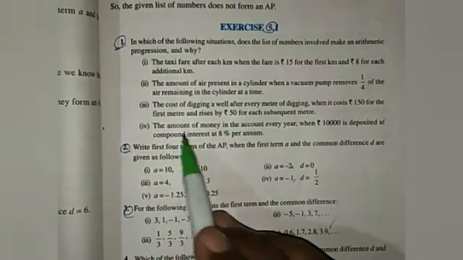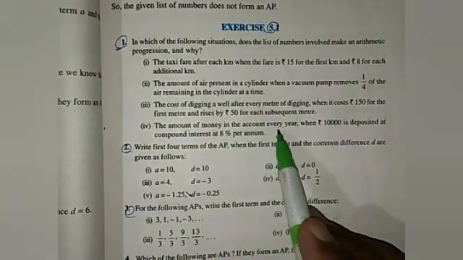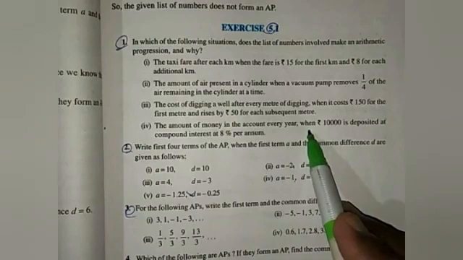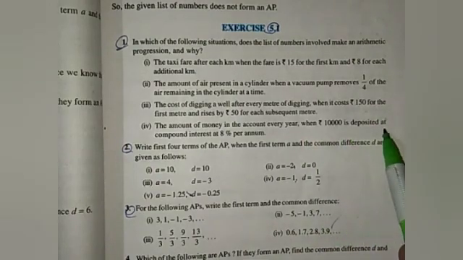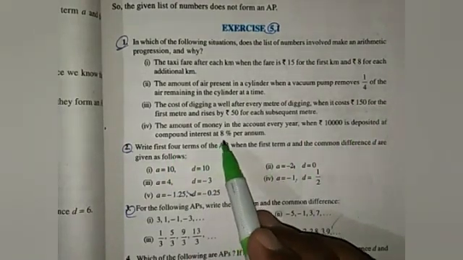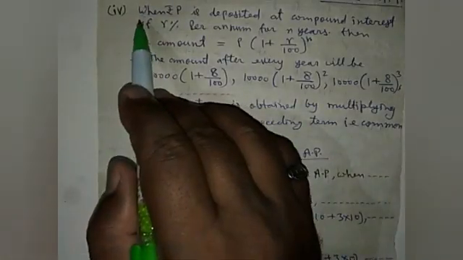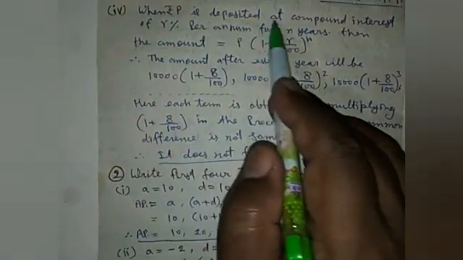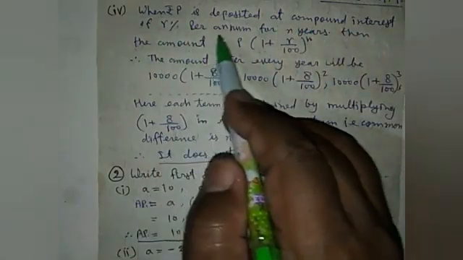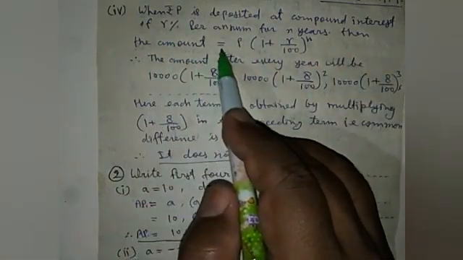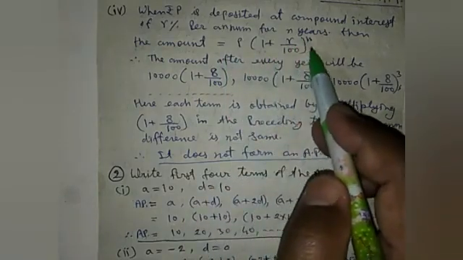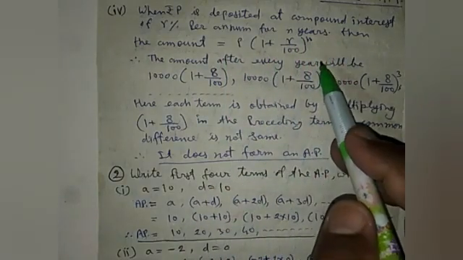In the fourth part, the amount of money in the account every year when rupees 10,000 is deposited at compound interest at 8% per annum. As we know, when rupees P is deposited at compound interest of R percent per annum for n years, the amount after n years will be equal to P into (1 plus R by 100) whole raised to power n.